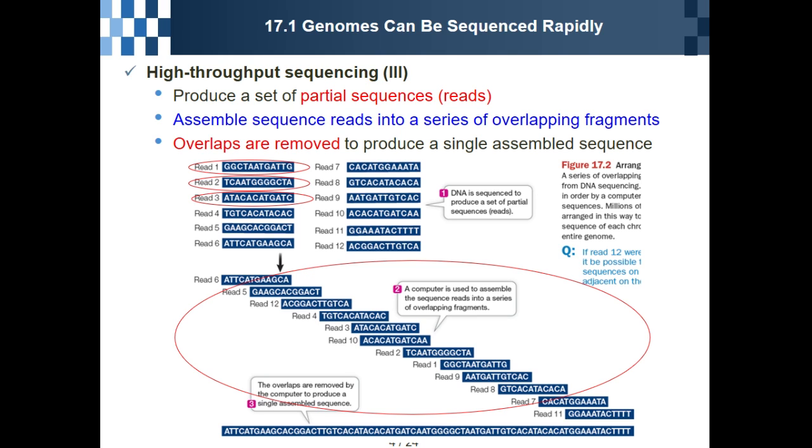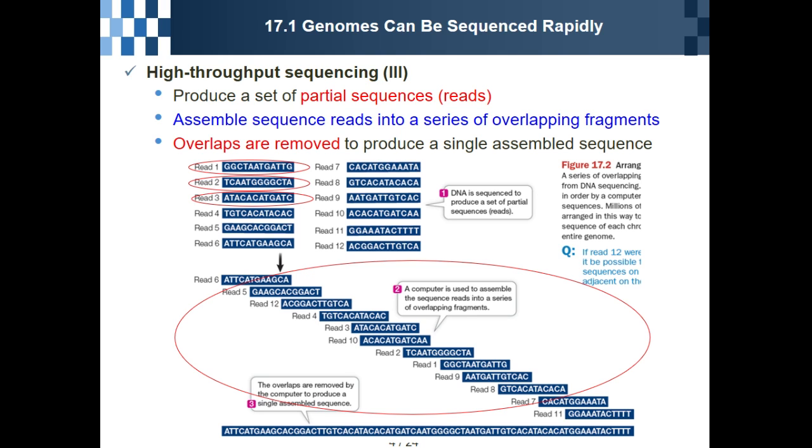And also between read 5 and read 12, there is another overlapping region, ACG, GACT. So we assemble the sequence reads into a series of overlapping fragments like this.